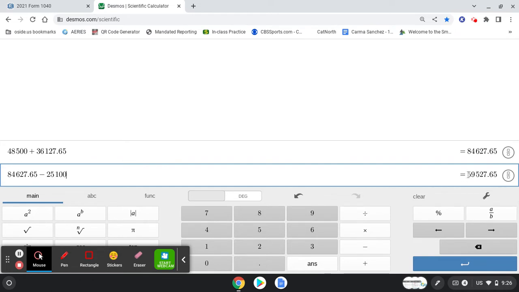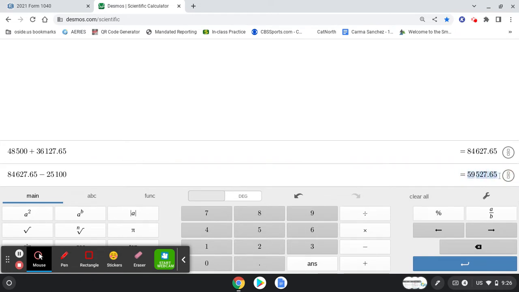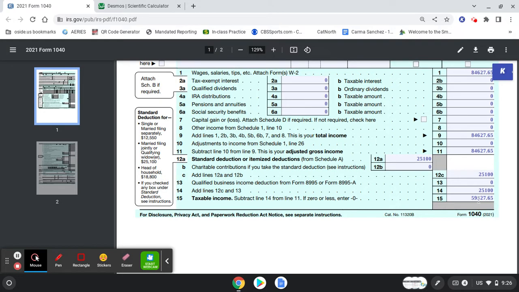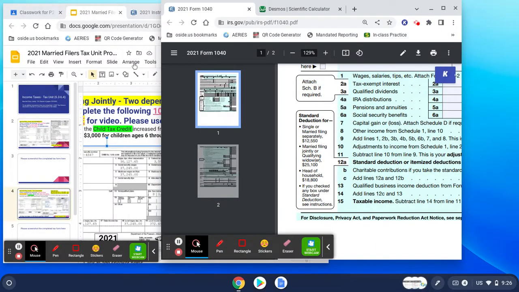So 59,527. Now, this is the amount we're going to go look up on the tax table.